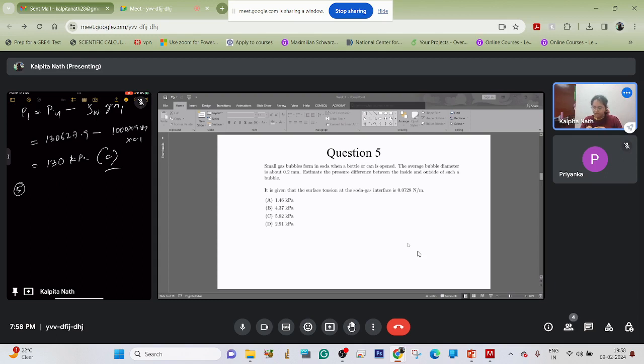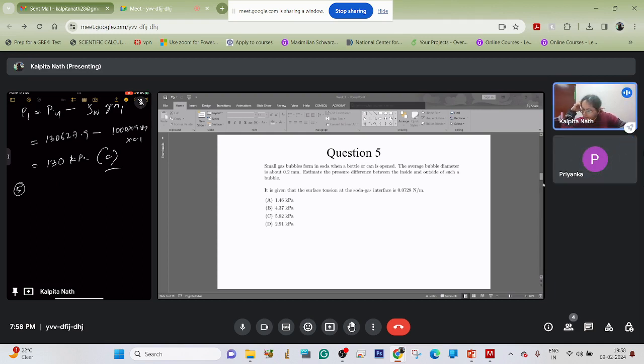Not a liquid drop. You have missed something. Just think about that. Ma'am, will there be like two interfaces? Yeah. Two interfaces will be there. Okay, then it will be 2.91.